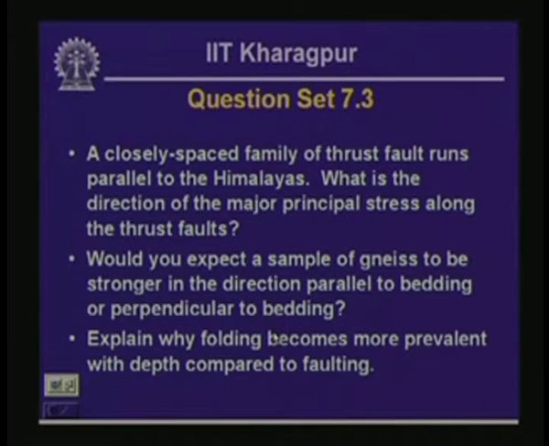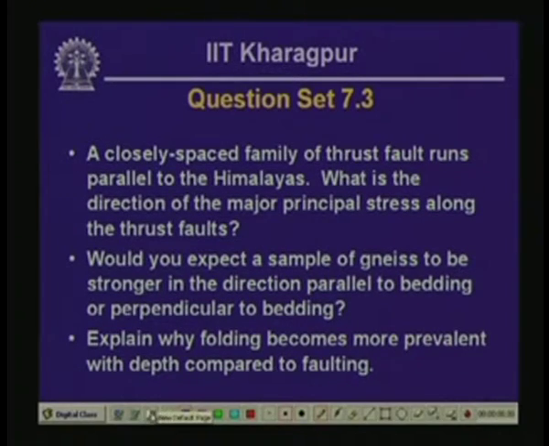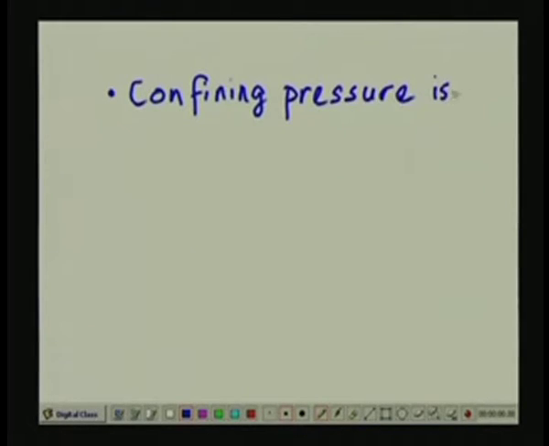The third question was: explain why folding becomes more prevalent with depth compared to faulting. This is something to do with the brittleness of the stress strain behavior of rock, and what we have seen from previous lessons is that a rock is going to behave in a brittle manner provided the confining pressure is low, that means the rock is at a shallow depth below the surface of the earth.